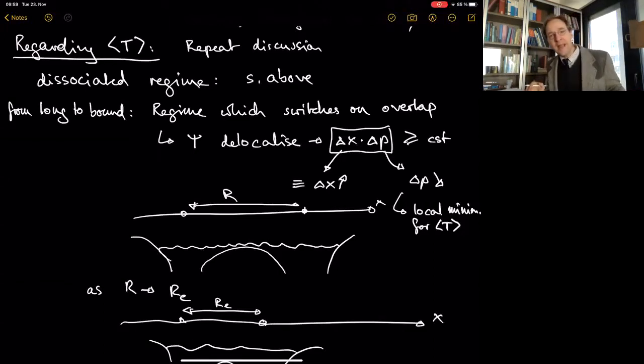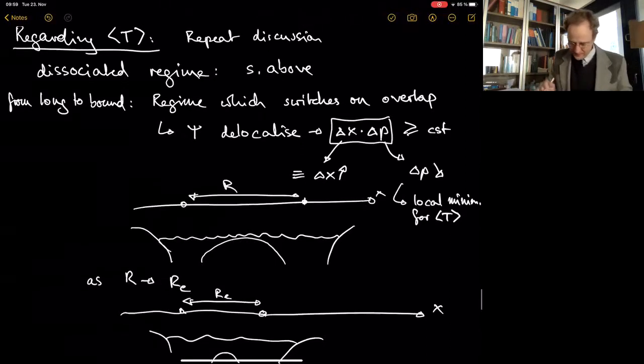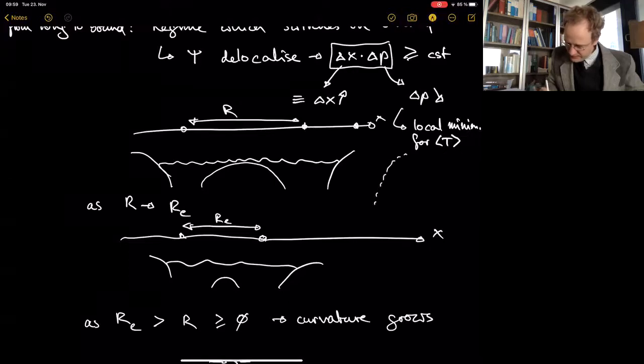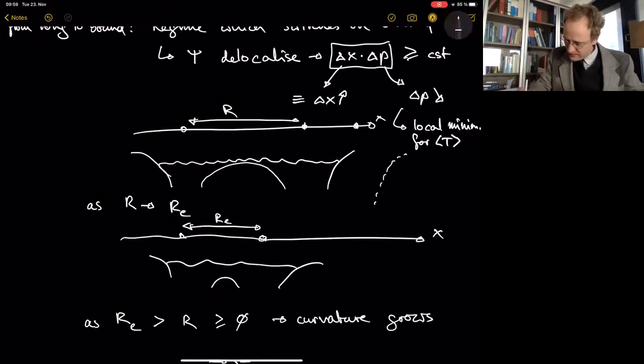You have to realize that right before, at a larger distance, let me draw one larger distance here. Then for this distance, you would have a potential like this. Let me change color.